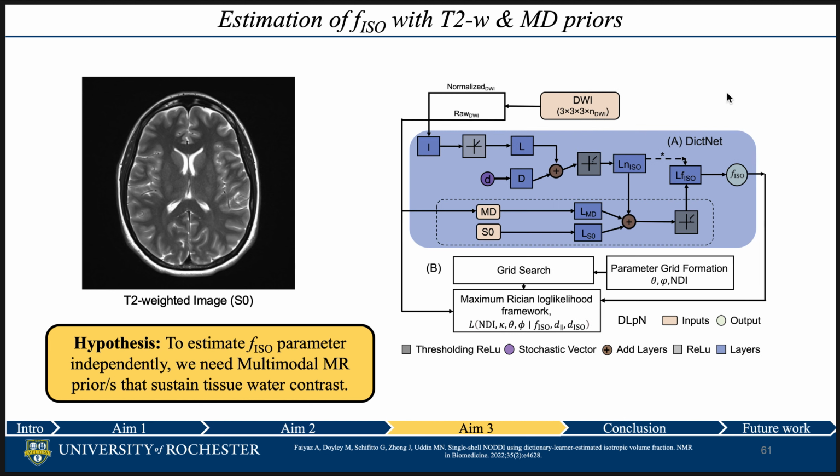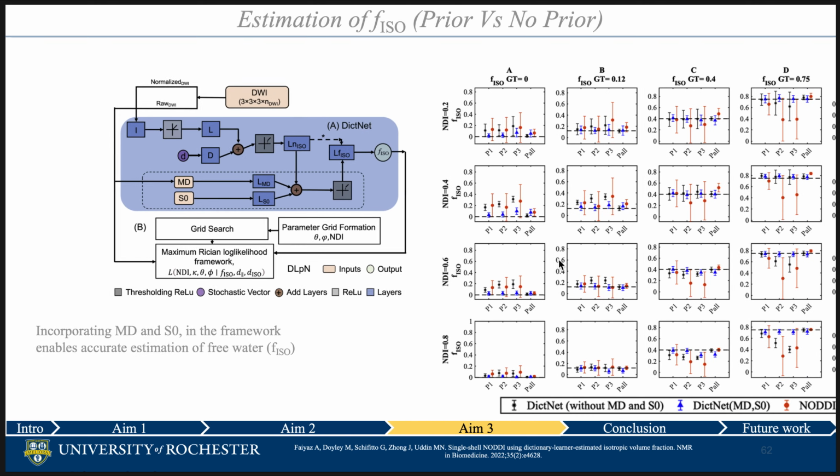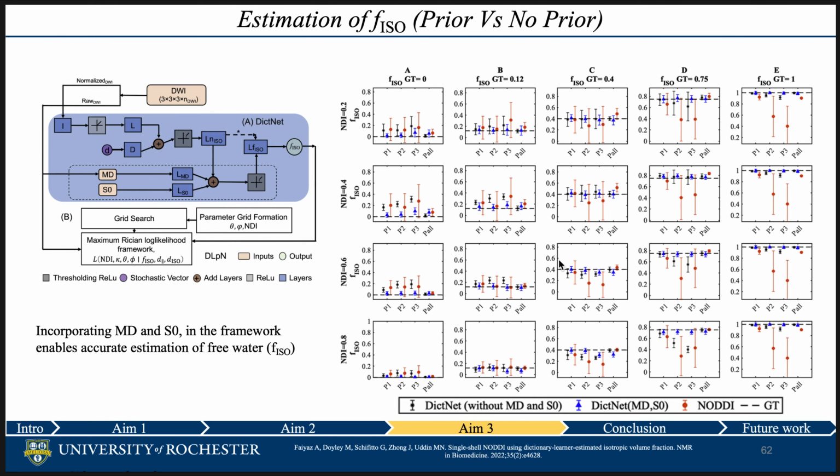So with our model, we introduced two priors: one is the mean diffusivity from DTI, and the other is the S0 image that is already available from any diffusion protocol. And when we included these two into our model and followed the same simulation, this was the result.